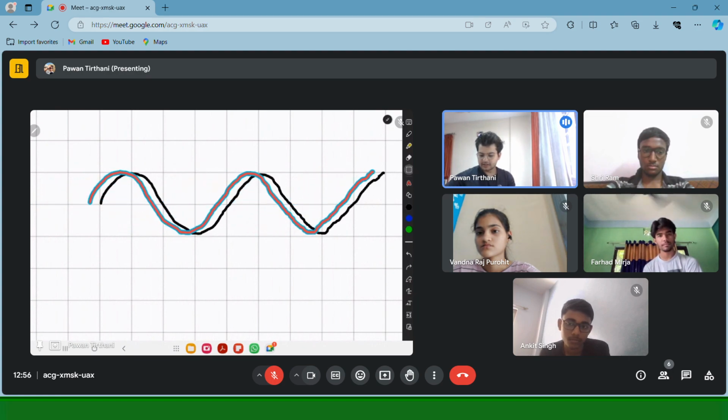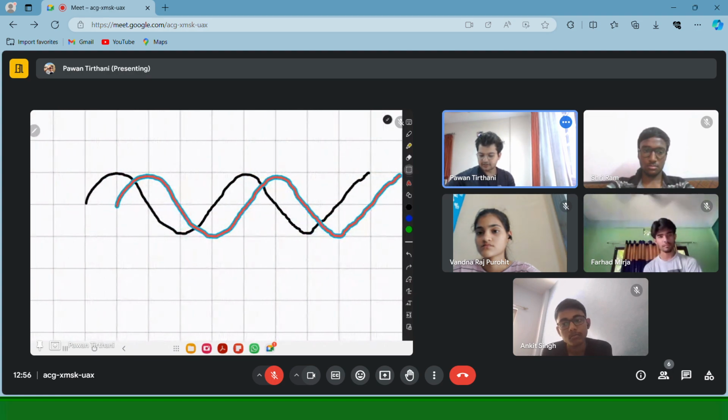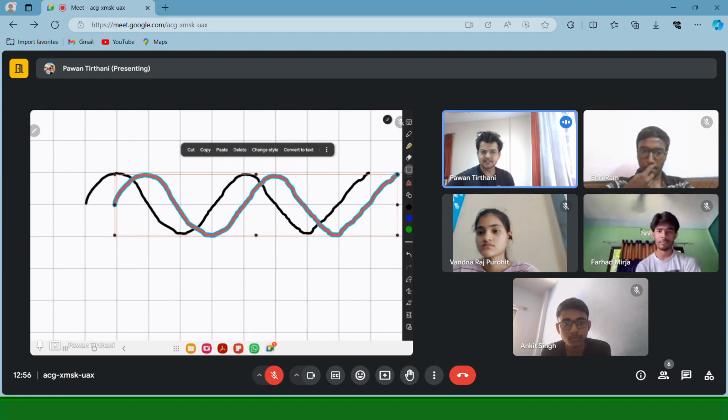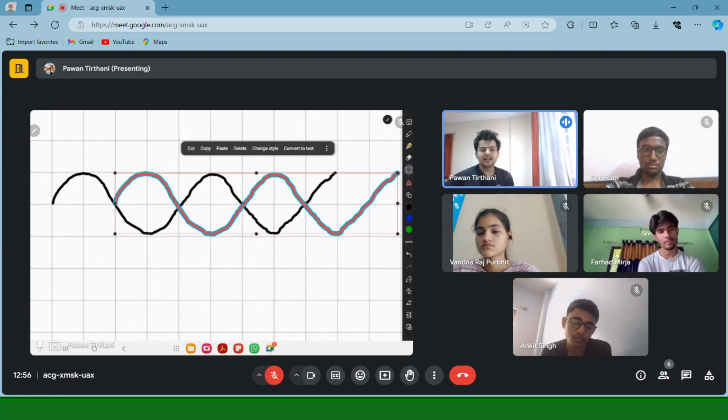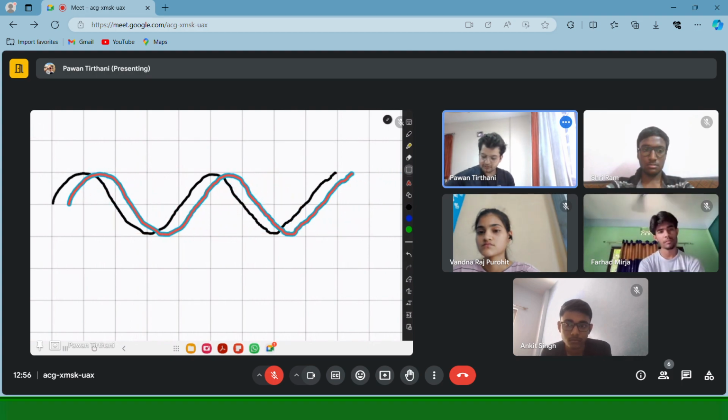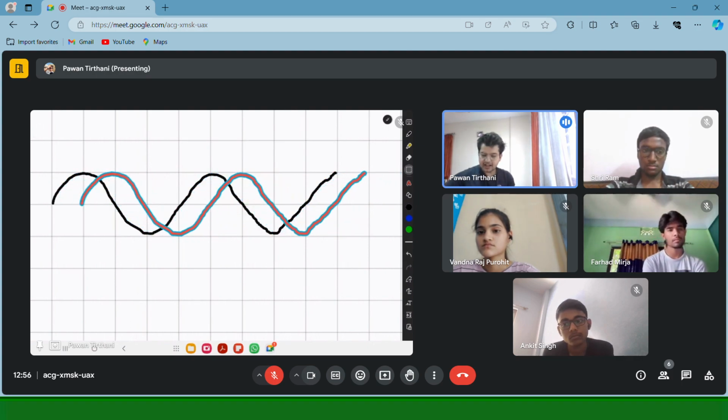Now tell me, if I tell you they are like this, so this wave is 90 degrees ahead. What is the phase difference? 90 degrees. Now I put this again more in front. Now it went 180 degrees ahead. See what is happening, Vandana, one quarter ahead, another quarter ahead.